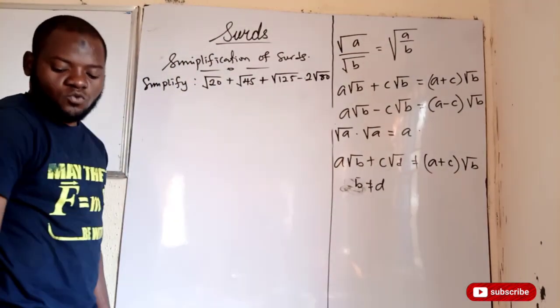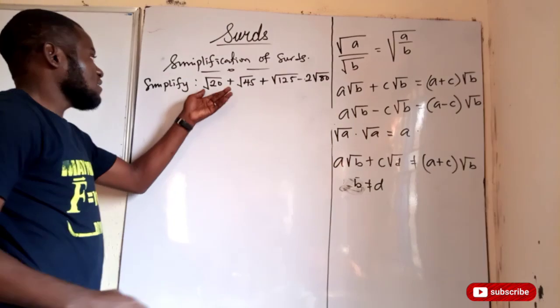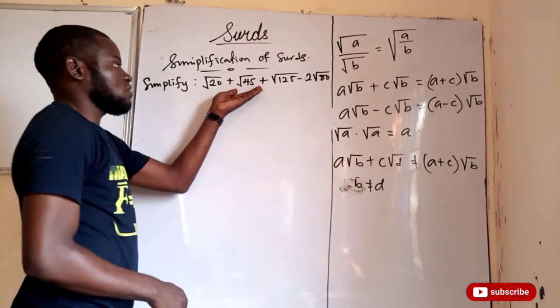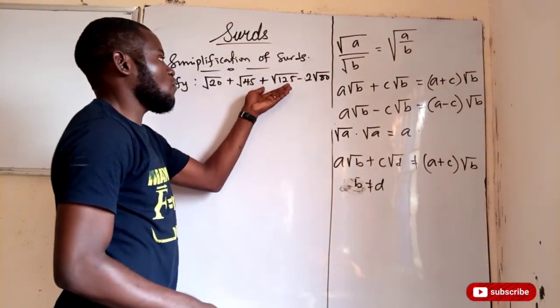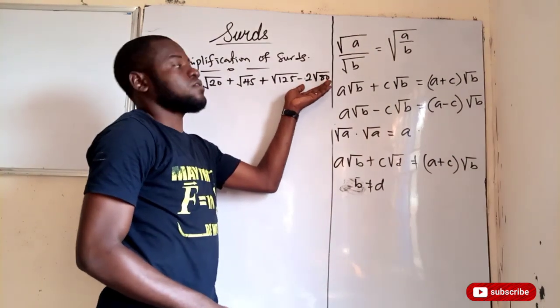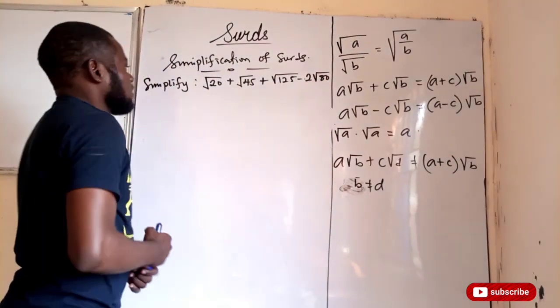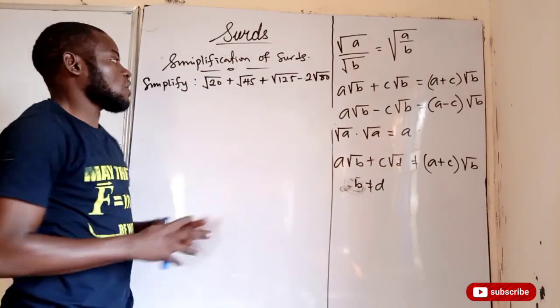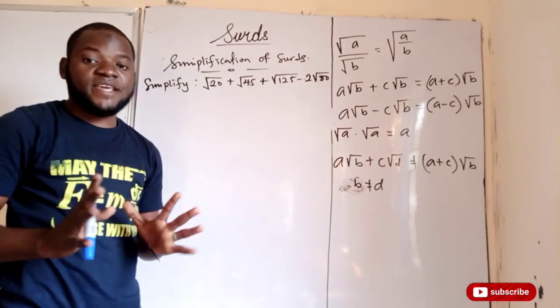Okay class, this is what they asked us to simplify. The first thing we should understand is that all these surds are not in their basic form.